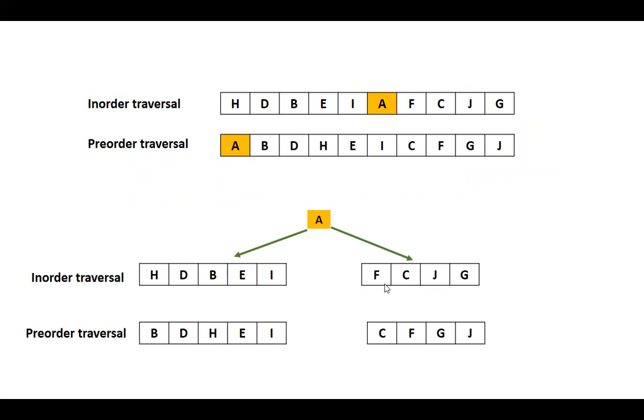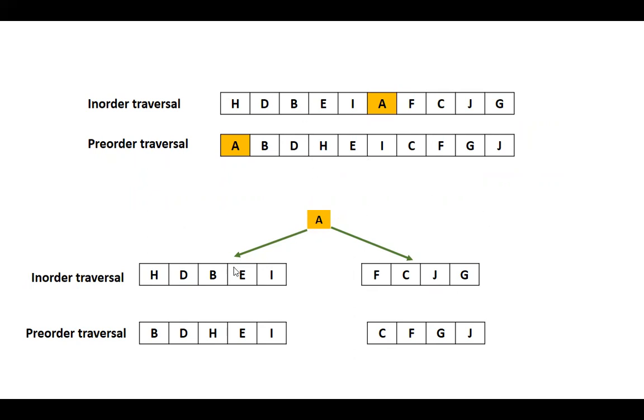Similarly, on the right-hand side, that is the right subtree, you have F, C, J, and G in case of in-order. In case of pre-order, you have C, F, J, and G. The first step of identifying a root from the given traversals is done.